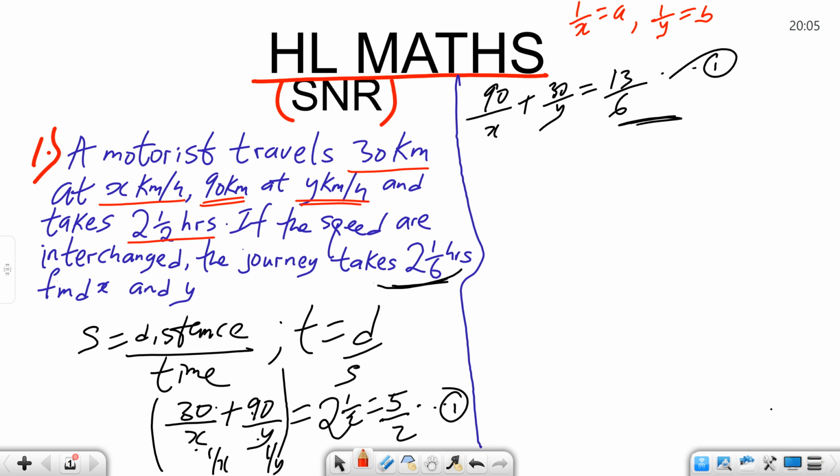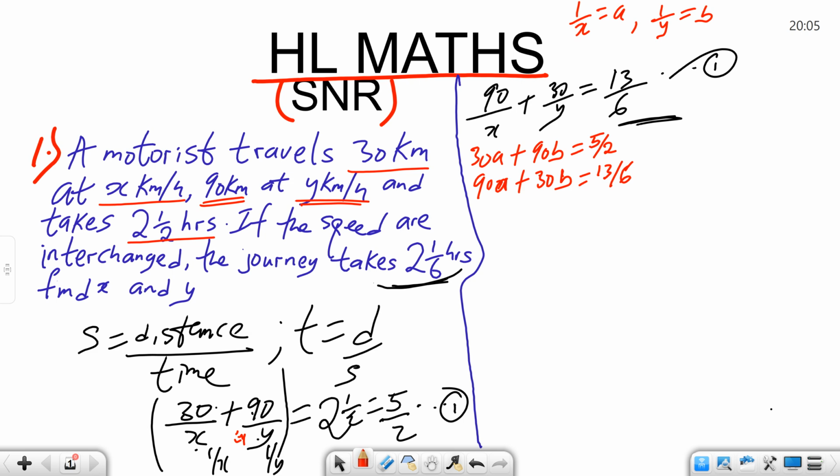So if I write the equation, instead of 30 over x, I'm going to have 30a plus 90b equals 5 over 2. Then the other equation, I have 90a plus 30b equals 13 over 6.